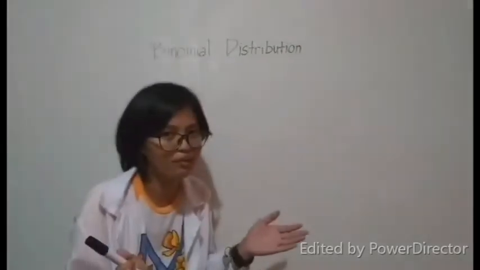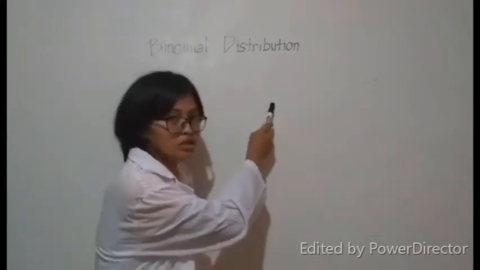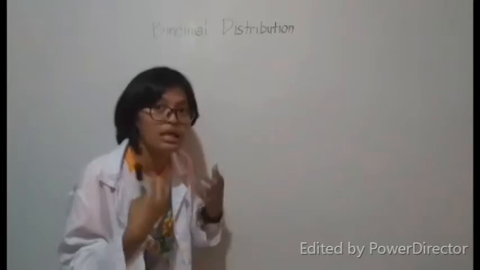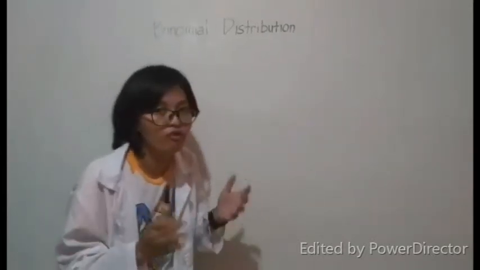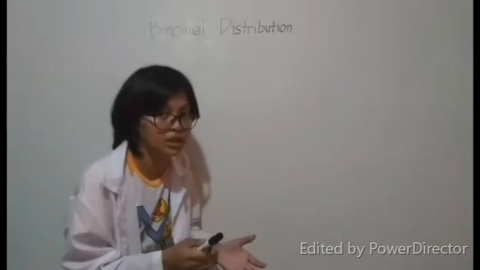So good day everyone. Now we are going to talk about binomial distribution. Binomial distribution is the probability distribution of a binomial random variable. A binomial random variable is the number of successes x in n repeated trials in a binomial experiment. Before we explore what a binomial distribution is, we should first discuss what a binomial experiment is.